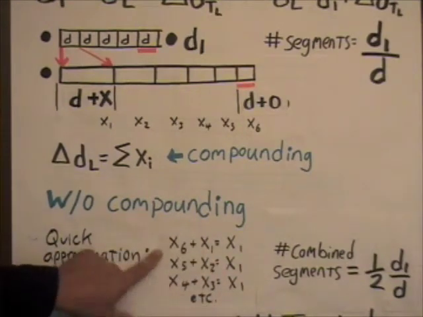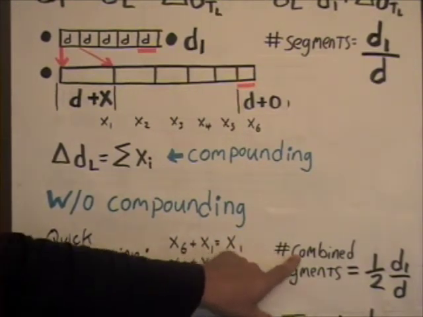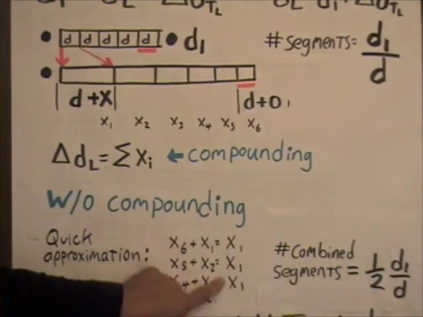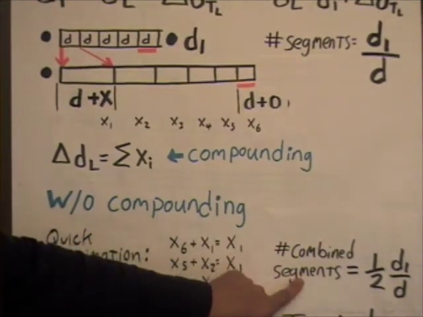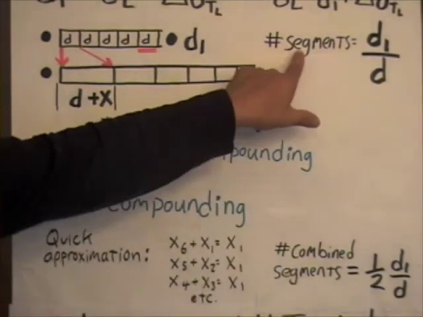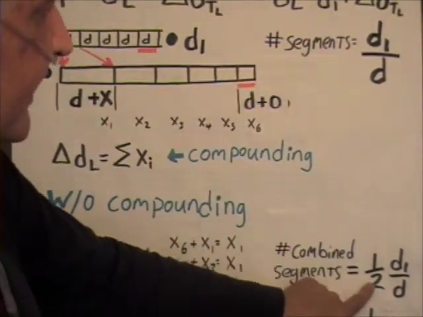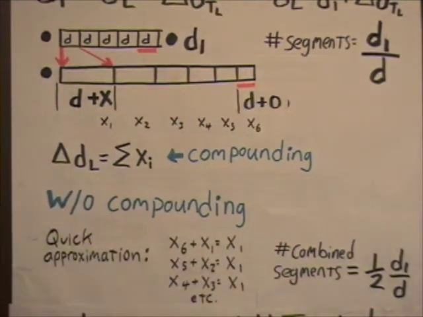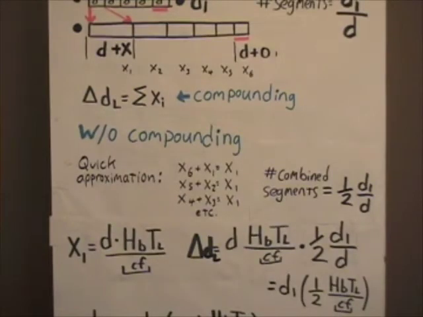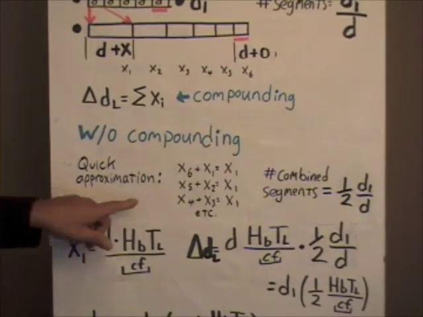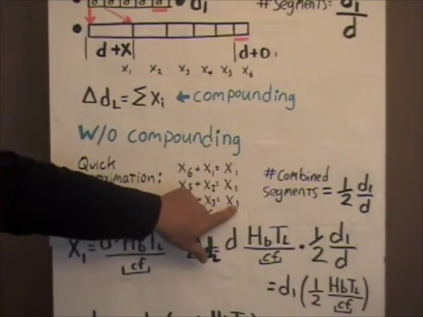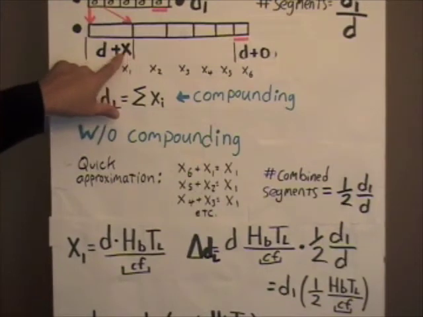Now, once we've done that, we note that the number of combined segments is equal to the original number of segments divided by 2. So it's equal to 1/2 the original number of segments. Okay, so what is the value for x1, which is the expansion of the last segment?